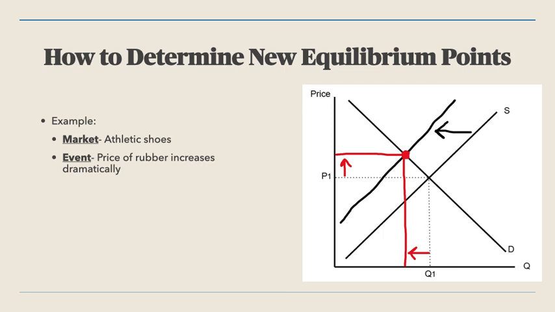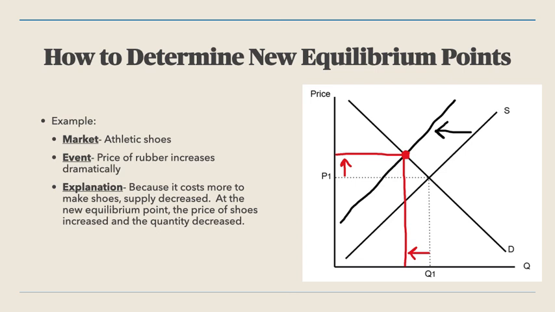Once it shifts over, find the new equilibrium point, and then look and see, what does that do to price? What does it do to quantity? And we can see from the red lines that the price of the new equilibrium point has gone up, but the quantity has gone down from where it was before.